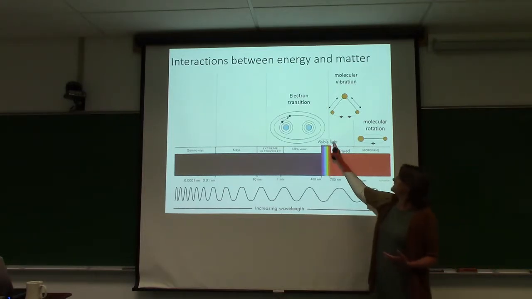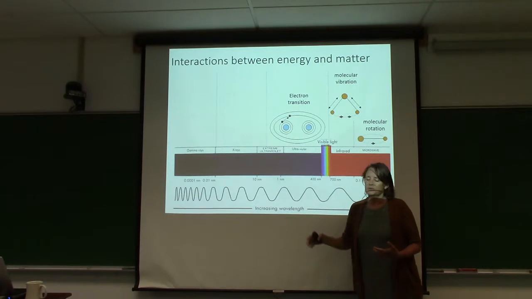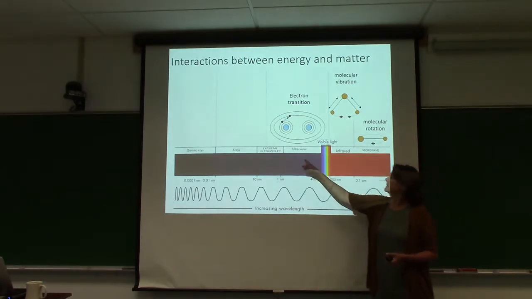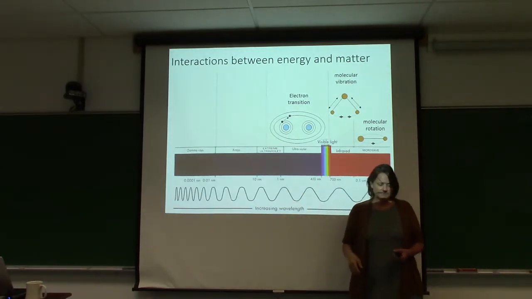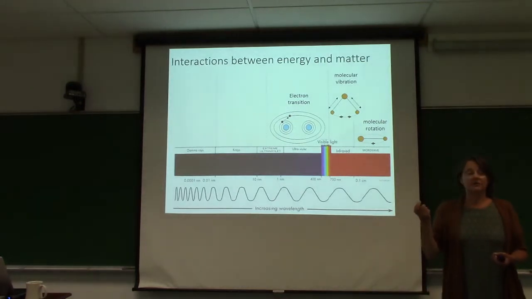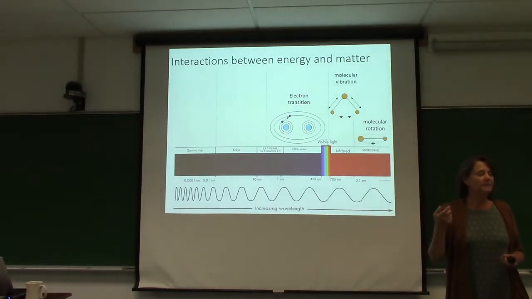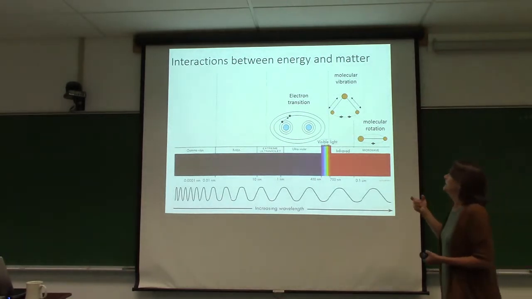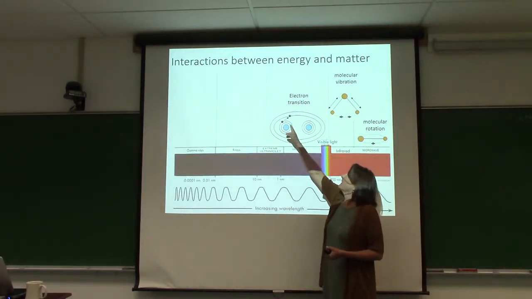When you start getting into the visible and the ultraviolet, and even a little bit into the extreme ultraviolet, those packets of energy are a lot stronger. What happens to the molecule is what's called an electron transition.